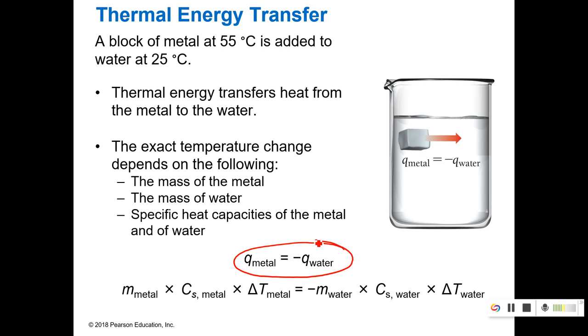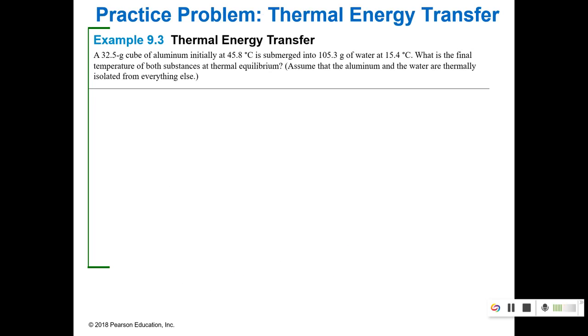So this is super important because the heat of the metal is going to be the negative or the opposite heat of the water because they're exchanging that heat between the two. All right, so what is the final temperature of both substances? So remember, we're using Q metal is equal to Q water, but that water is going to be negative.